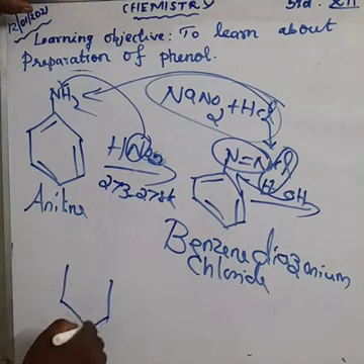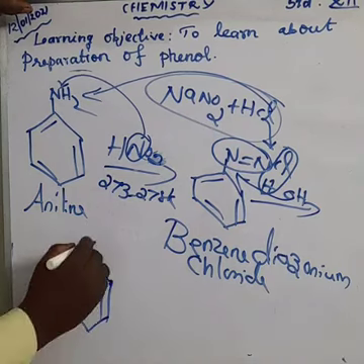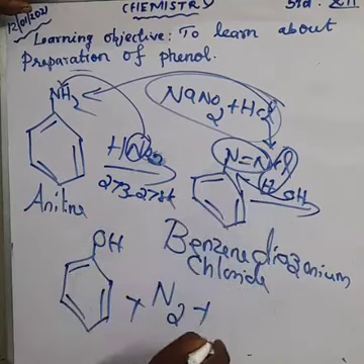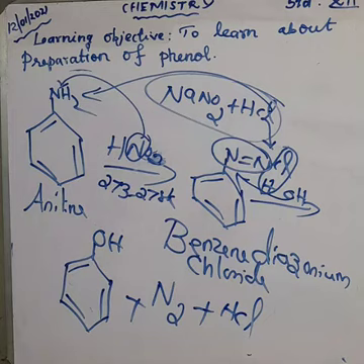That compound is phenol, plus N2 plus HCl. So from aniline, how will you prepare phenol? Aniline undergoes diazotization and we get benzene diazonium chloride, C6H5N2Cl, which on hydrolysis with water gives phenol. This is the third preparation.